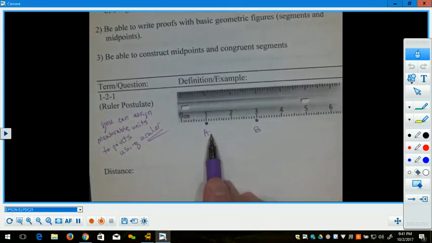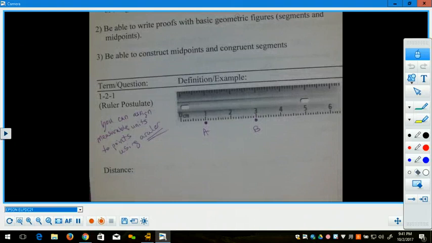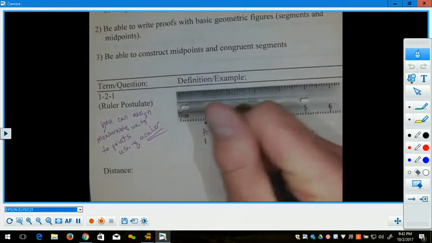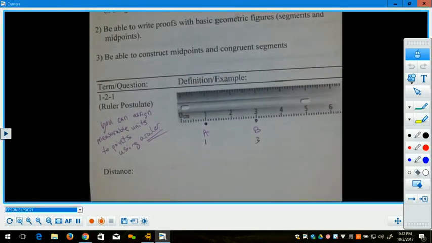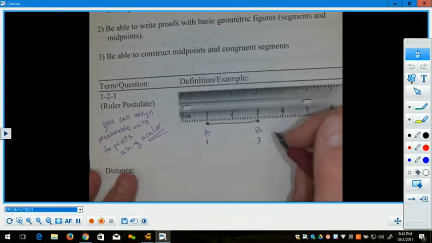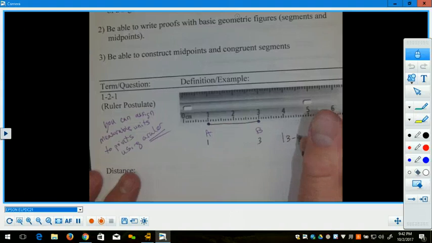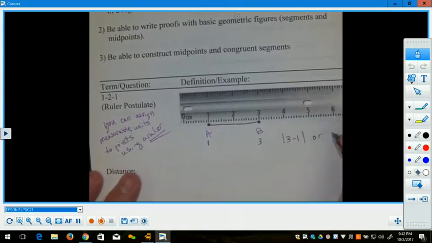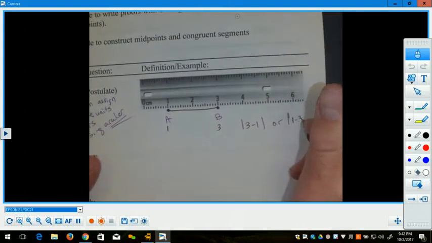So in this case, here's my point A and my point B, I drew them there intentionally, and I then put my ruler down and said, well, hey, A is at 1 and B is at 3. Then the distance between the two of them would be the absolute value of 3 minus 1, or the absolute value of 1 minus 3.